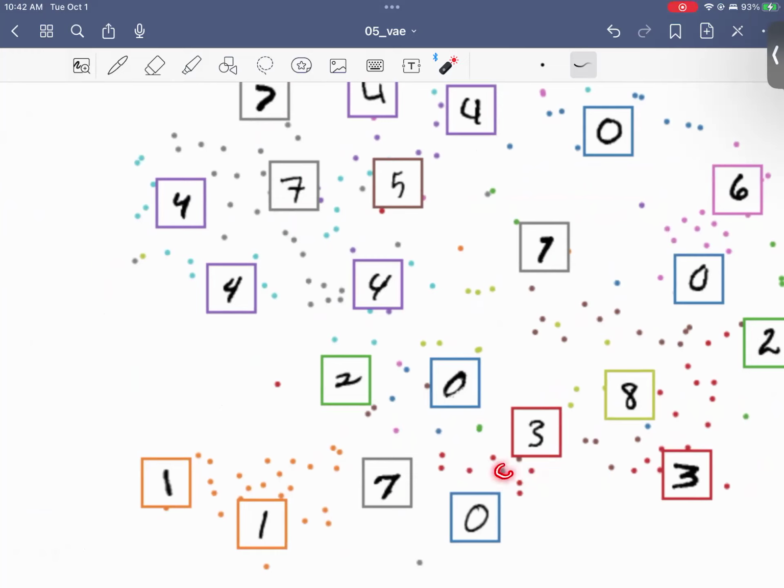If you perturb this guy too much, then it will be close to here, which is a 3. So there's no guarantee that if you perturb this, you will always get a 0, and the same goes for all these mixed neighborhoods. If you perturb this, there's no guarantee that it'll retain its identity. Interpolation is the same thing. Even if you interpolate between this guy and this guy, there are two different digits between these two dots, so there's no guarantee that any point of the interpolation will retain its identity.